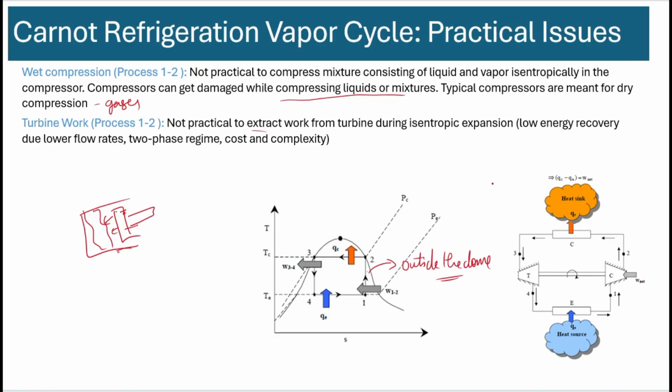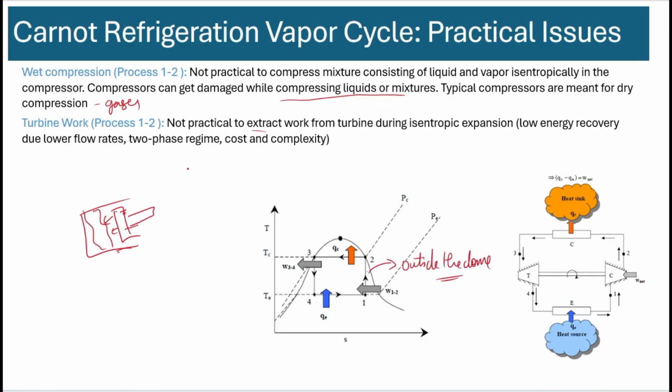So typically it is not very beneficial for the cost and complexity you would add in such a system. And the reason for not enough energy you can extract out of it is because of the lower flow rates compared to an air cycle refrigeration system. And again, two-phase flow regime makes the turbine option not so great either.